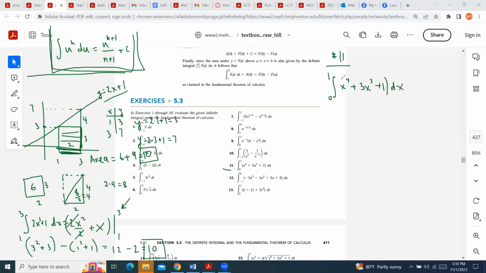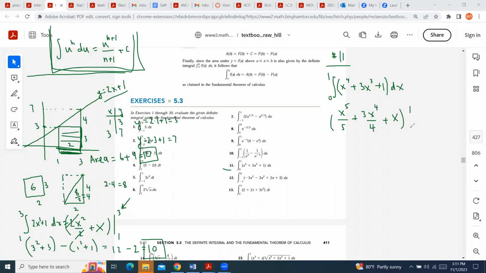I will plug the numbers in. So the antiderivative: power of 4 turns into x to the 5 divided by 5, plus. Next will be power of 3, so that'd be plus power 4, divided by 4, right? So straightforward use of that formula. And then x has derivative 1, so this is my expression.